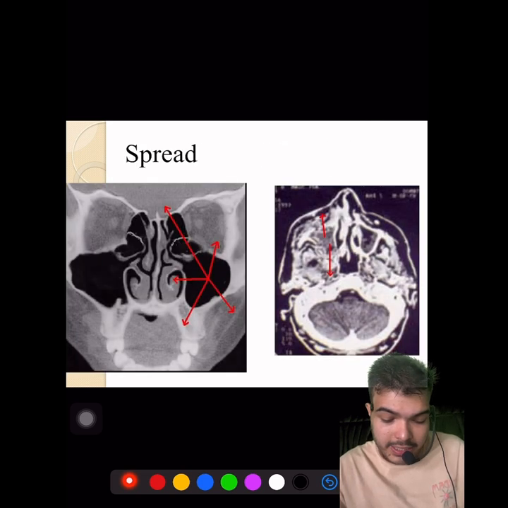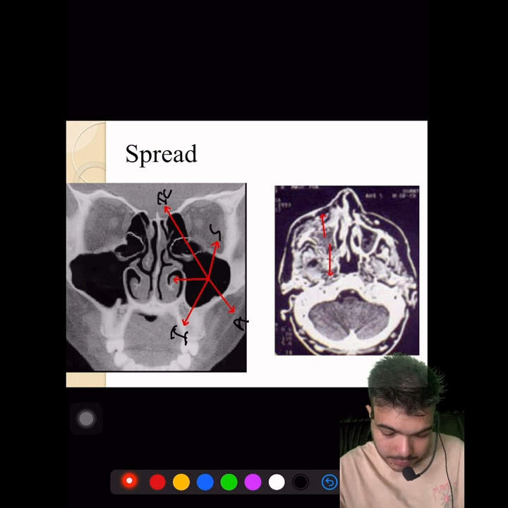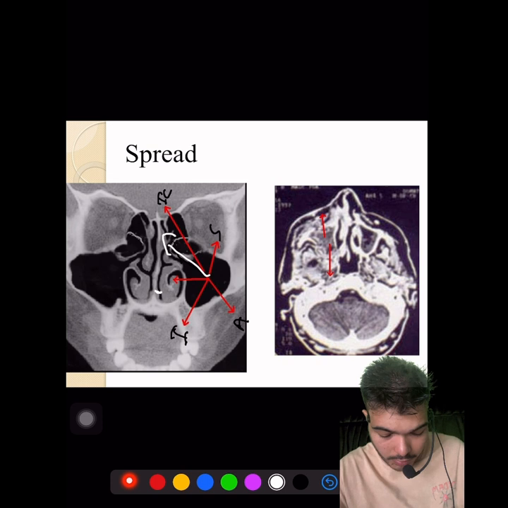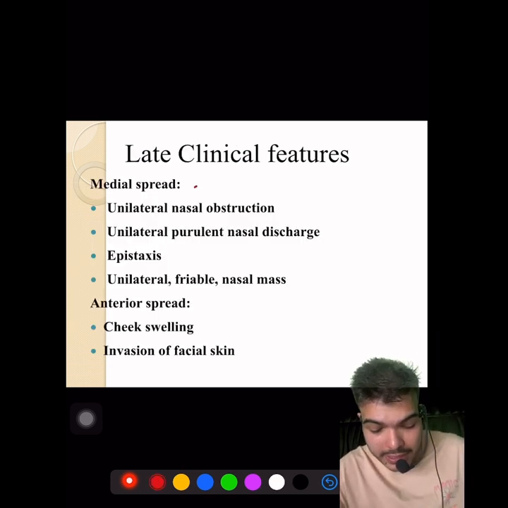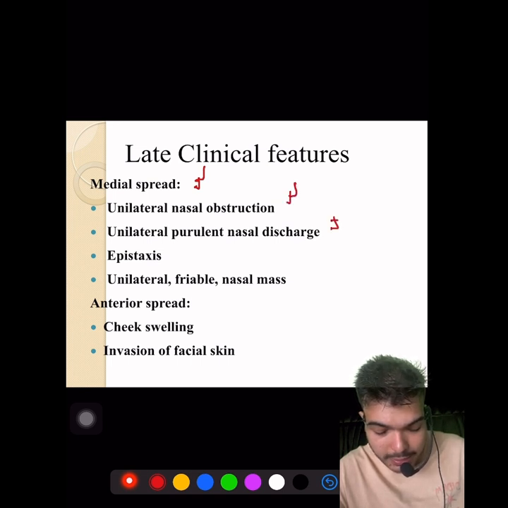So this is your intracranial extension, this is your superior, this is your inferior, this is your anterior, and towards the posterior side also there will be spread. And this is your nasal, towards the nostril. Now medial spread towards the nasal cavity: unilateral nasal obstruction, unilateral purulent nasal discharge, epistaxis, unilateral friable nasal mass.